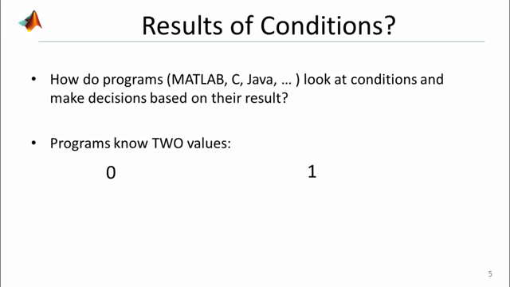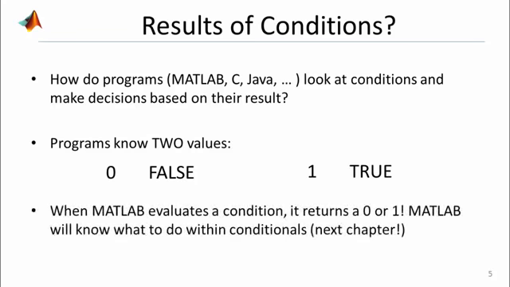So they're very specific. 0 is equivalent to false. 1 is equivalent to true. When MATLAB evaluates a condition, notice the word evaluate, gives it a value. It returns a 0 or 1. MATLAB will then know what to do based on those numbers. Let's see examples in MATLAB.